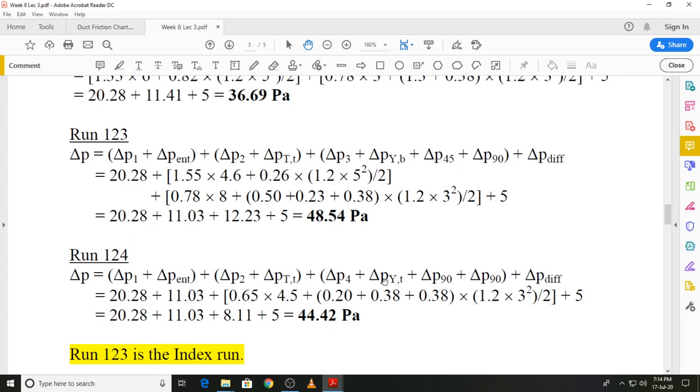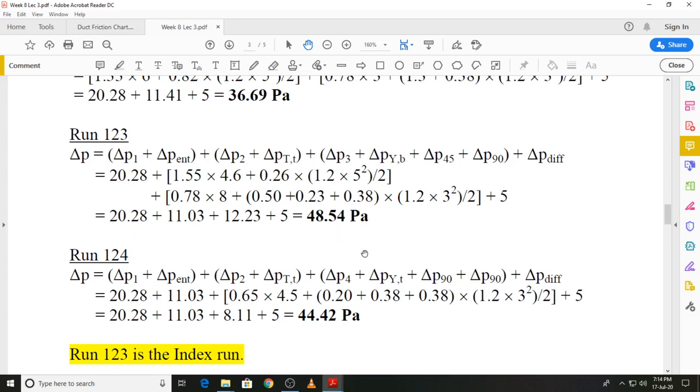The minor losses, Y through, then you have one 90-degree elbow and then another 90-degree elbow. So we have got two 90-degree elbows, and the velocity again in segment 4 is 3 meters per second, and then finally the pressure drop across the diffuser. That gives us a total pressure drop of 44.42 pascals.